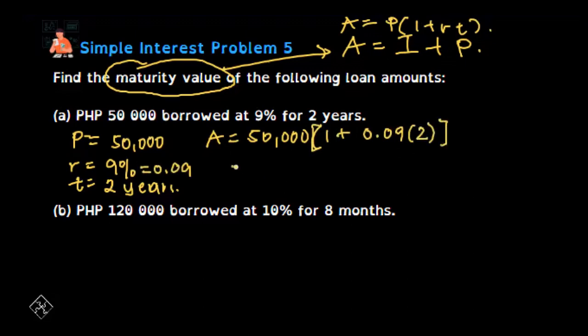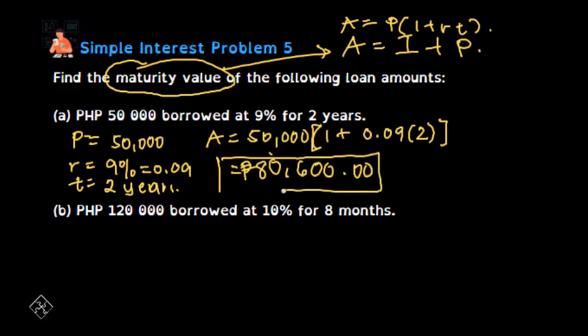O, sige, calculate natin sa calculator. 50,000 times 1 plus 0.09 times 2. That's gonna be 59,000 pesos. Okay, that is the maturity value after 2 years kapag nanghiram ka ng 50,000 na may 9% na patong sa loob ng 2 taon. Okay, so lumaki siya, no?